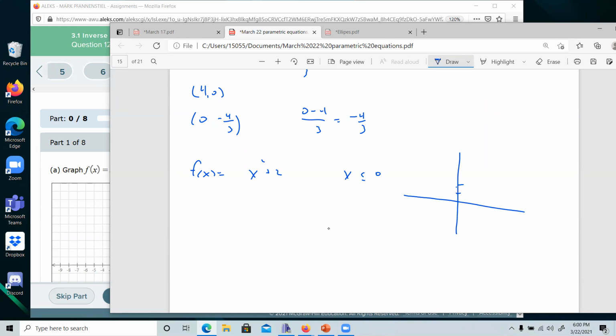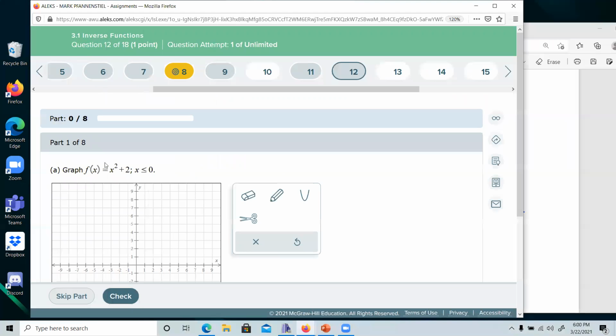Normally, right, it's a parabola with a vertical shift of 2, but it's only on this side. Okay, so graph this. Vertex is at 0, 2, right? When x is 0, y is 2. Curve opens up and place one other point.